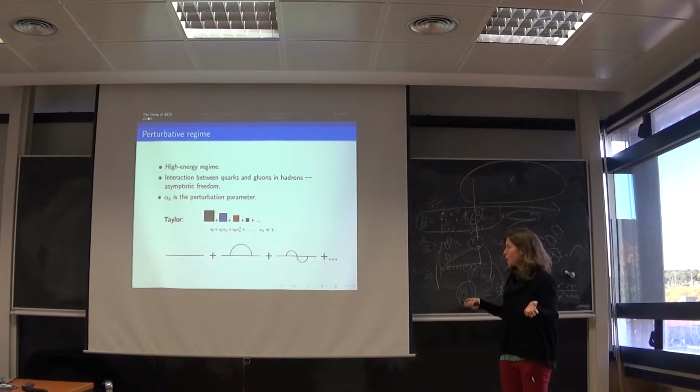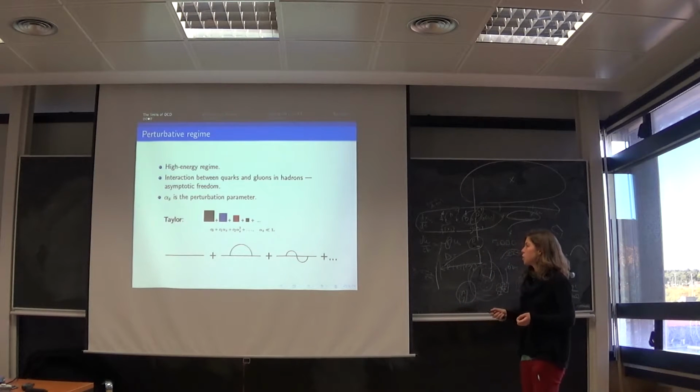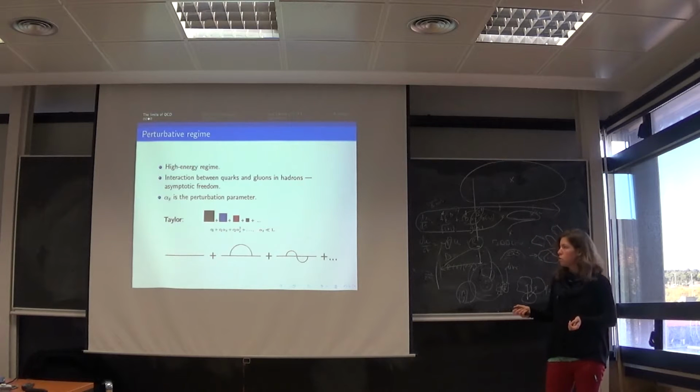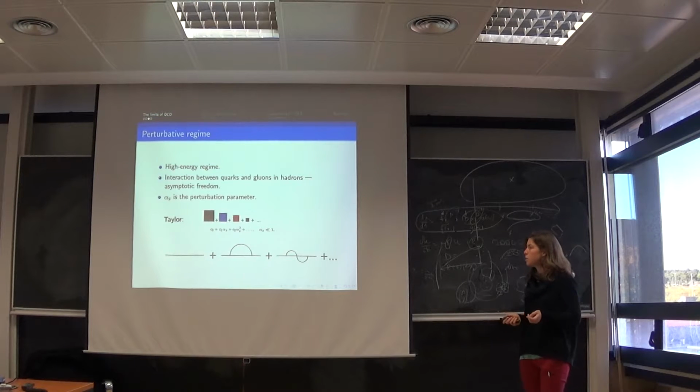And as with every good Taylor series, if the expansion parameter is small, which it is in this case because it's the strong coupling constant, the terms will grow smaller the higher the terms in the expansion series. So what we usually do in perturbative QCD is take, let's say, only the first two terms, and then say the other terms are much smaller, so they're only corrections to the initial theory, and we don't need to take them.